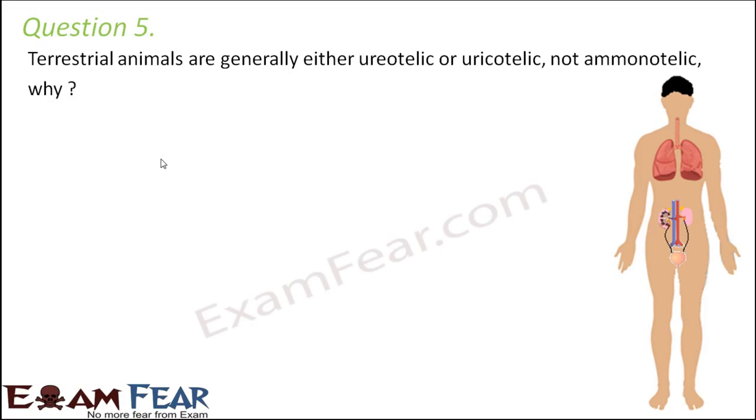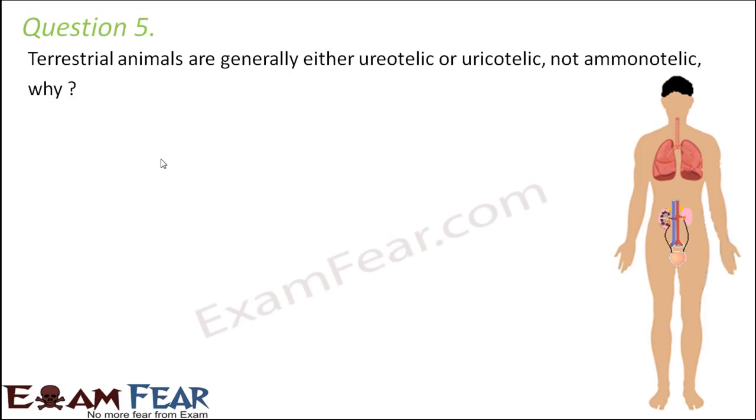So if an organism wants to excrete ammonia, it has to excrete a lot of water as well, because ammonia is present in dissolved form. So aquatic animals can afford to lose that much of water because there is a lot of water present around them. But terrestrial animals really can't do that because not that much water is present. So they actually need to conserve water. So they do not want to waste water just to excrete ammonia.